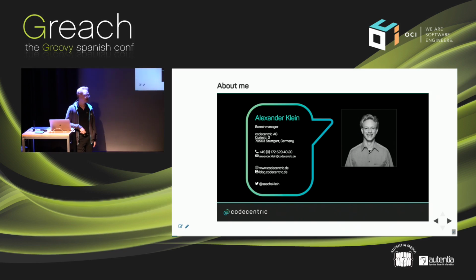But I'm in Java virtual machine-based development for almost 18 years now. And yeah, I'm very much into Groovy stuff. I'm doing Groovy projects for more than 8 years now, and I managed to put Groovy into almost any project, so I'm really addicted.